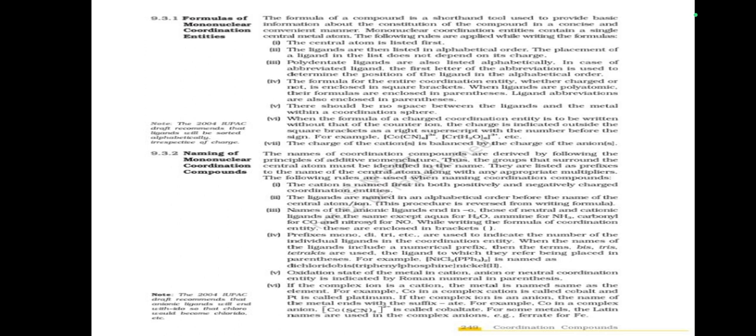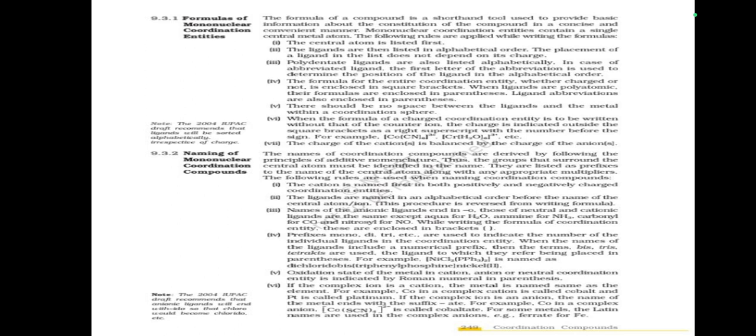If the complex ion is a cation, the metal is named the same as the element. For example, Co in a complex cation is called cobalt and Pt is called platinum. If the complex ion is an anion, the name of the metal ends with the suffix -ate.